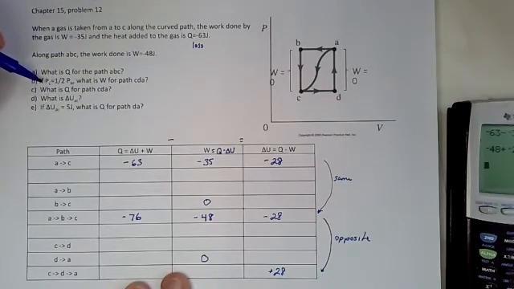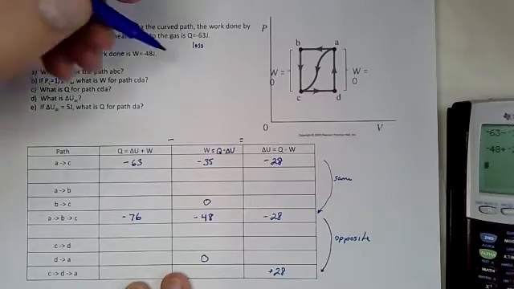Let's see. The pressure at C is 1/2 the pressure at B. Interesting.